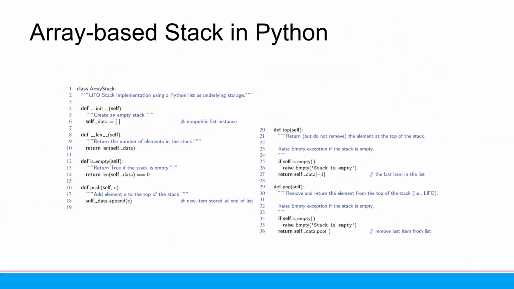I give you also the code. Okay, I think we will take a look at the code later, after we understand the concept of the stack. If we apply the array, we will make a class, and then we will make the constructor, and the constructor will have a new data member, and this data member will use a list.